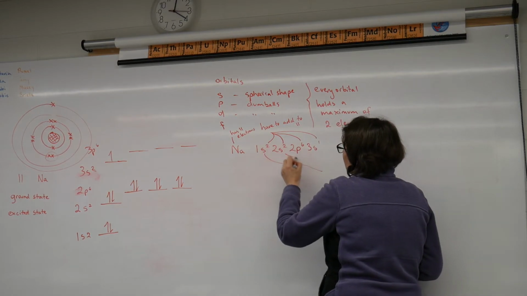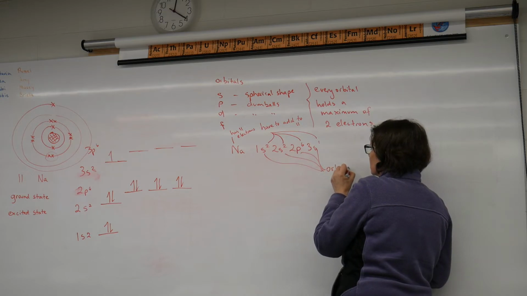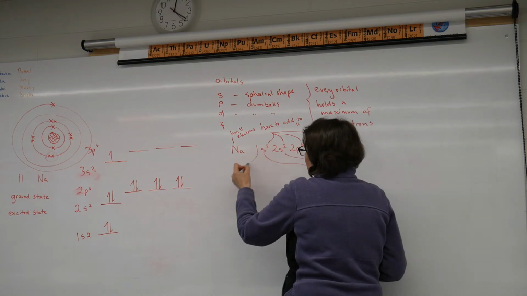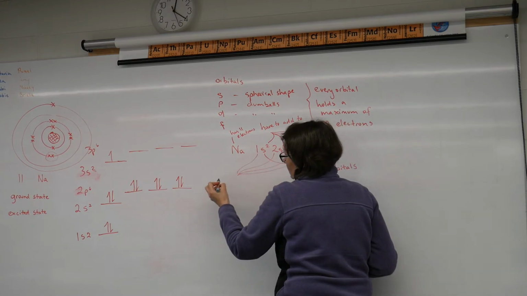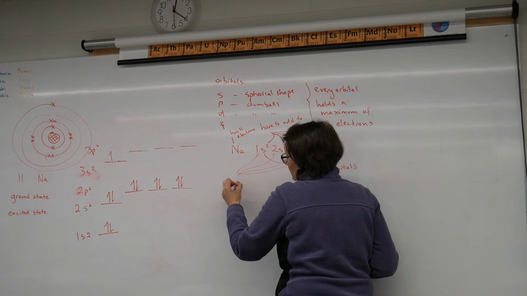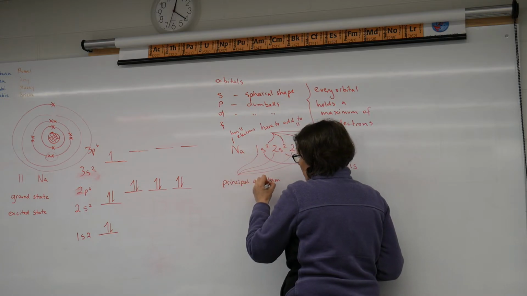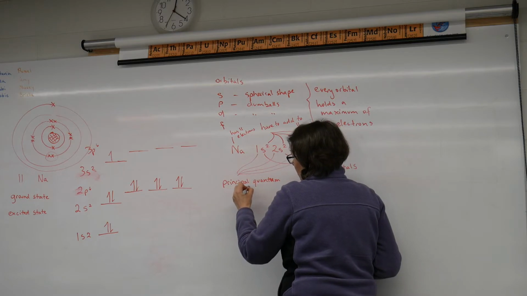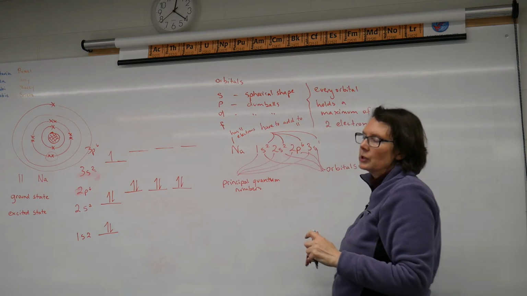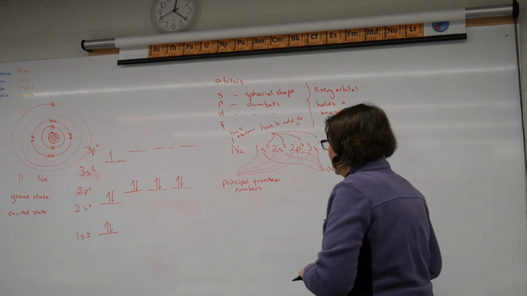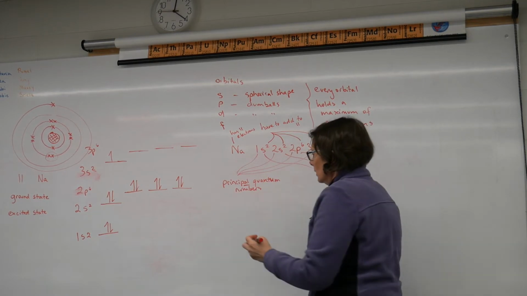The s and the p, these are the orbitals. And the big numbers out the front, these are the principal quantum numbers. Now it's principal, not principle.